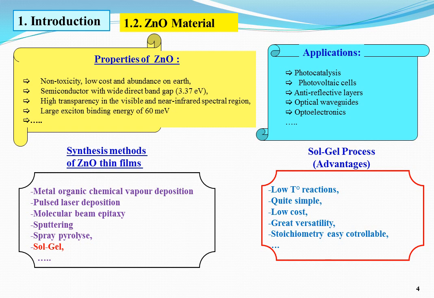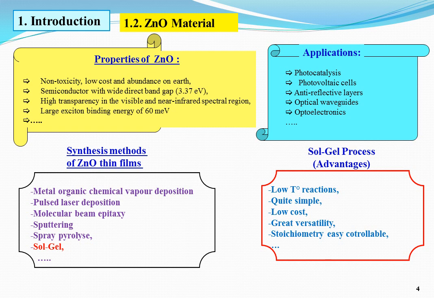Zinc oxide material. ZnO has attracted extensive attention during the last decades, owing to its outstanding chemical, electrical, and optical properties, such as a semiconductor with a wide direct band gap, high transparency in the visible and near infrared spectral region, large exciton binding energy, and other properties not described.